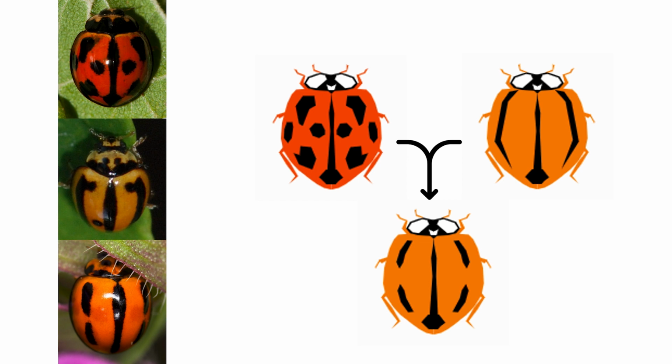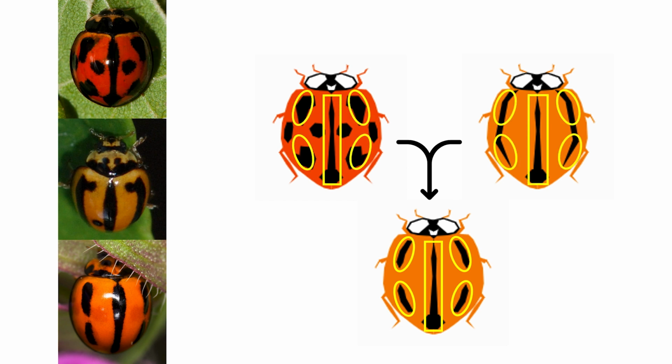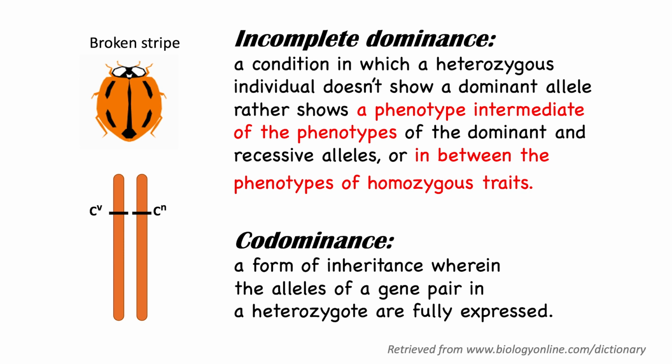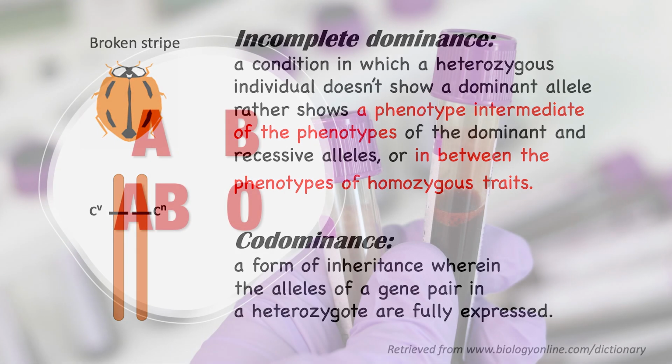Meanwhile, Houston pointed out that the offspring beetles, the broken stripe form, do not express both parents' color patterns, but appeared to only display black spots on the wings where both parents displayed black spots. Therefore, this case of lady beetle color pattern inheritance better aligns with the definition of incomplete dominance.